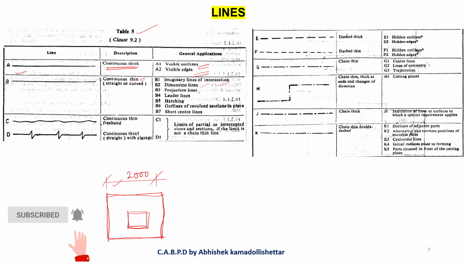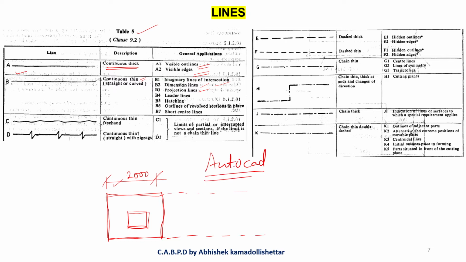Projection lines, suppose I take a projection like this, these lines should be thin lines. All the work is done by the AutoCAD software, so you need not worry. You should know what is a hidden line and what is a continuous line. For that reason, we are doing it.